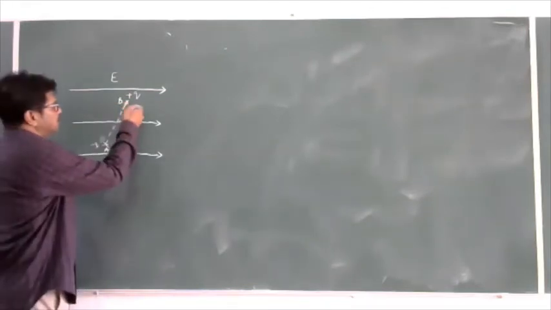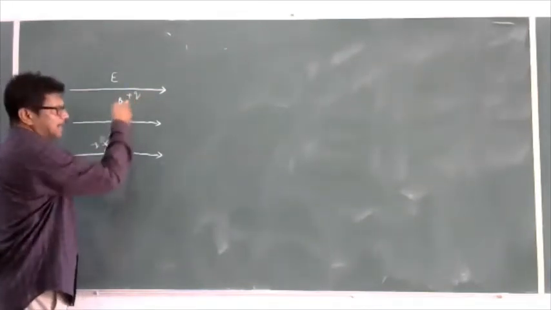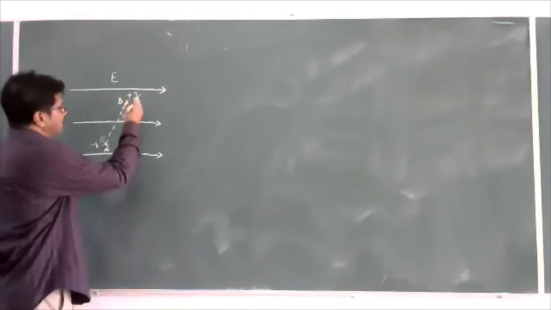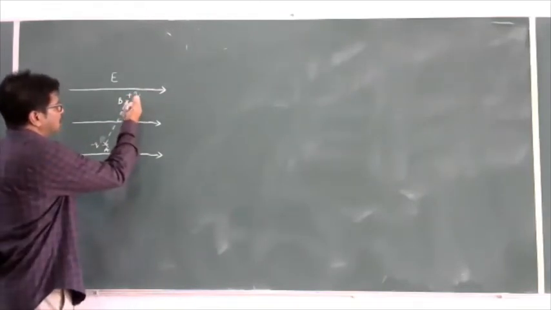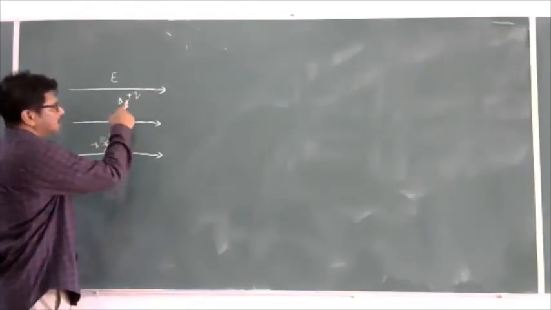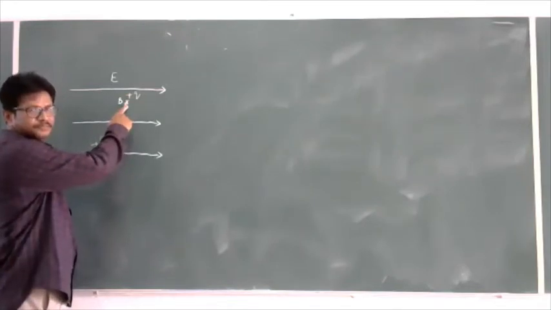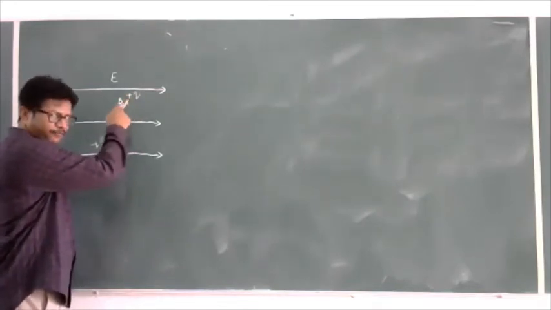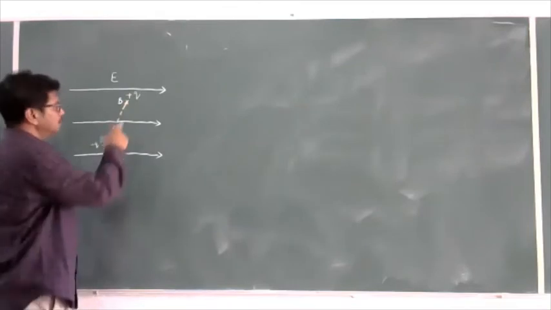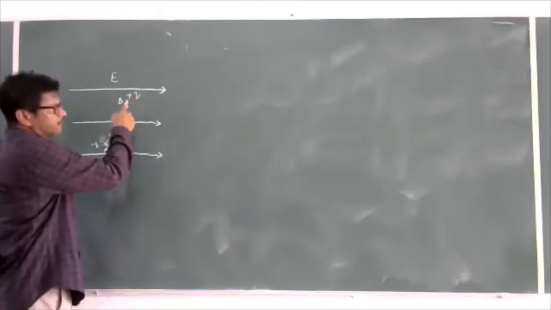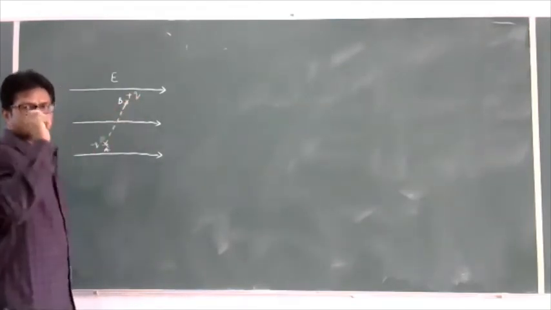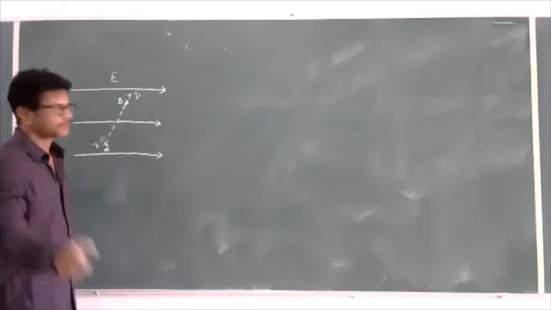So if I consider this positive charge separately, whenever a positively charged particle is placed in an electric field, it will experience a force, in the same direction as that of the electric field.